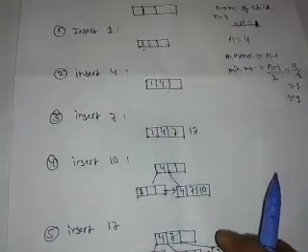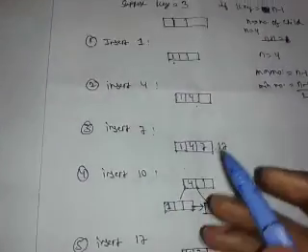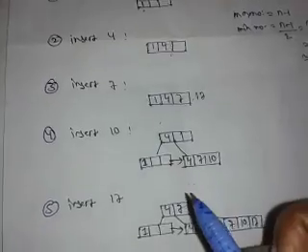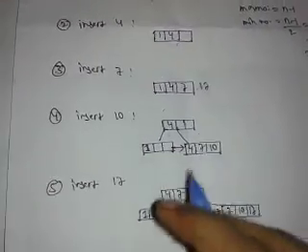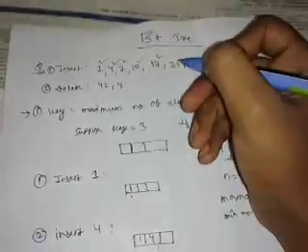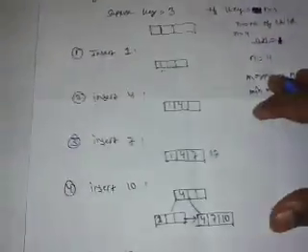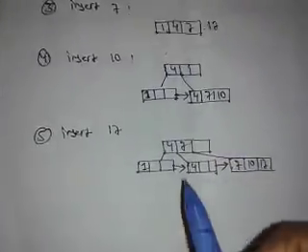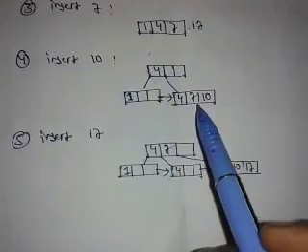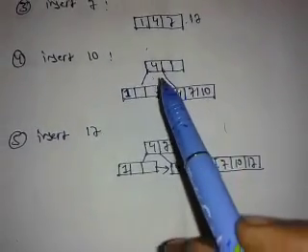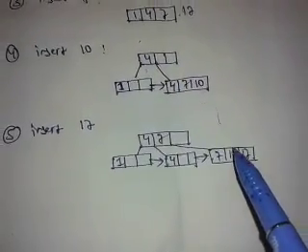So we have completed the insertion of 10. Now we need to insert 17. In the next step we see 17 comes after 4 and after 10.